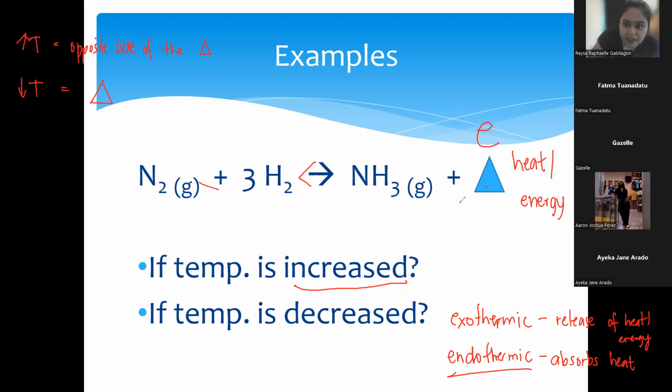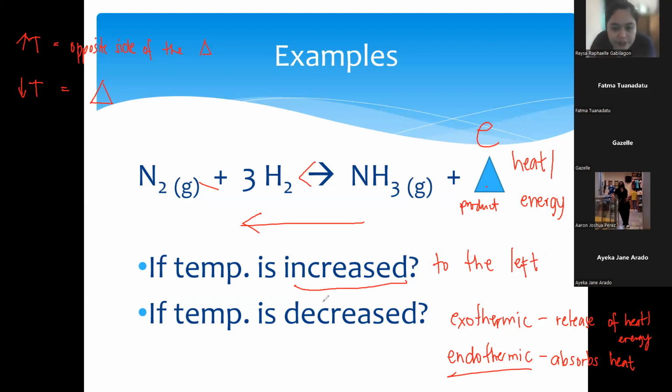So, this one, itong side na ito, dito natin makikita yung product. Sa product, I mean yung heat or yung energy. So, the shift will be going backward. So, the answer here is to the left. Okay, very good. This is going to the left. Okay? Or you can answer backward reaction. So it will favor the backward reaction, which means ammonia will decompose to form nitrogen and hydrogen.